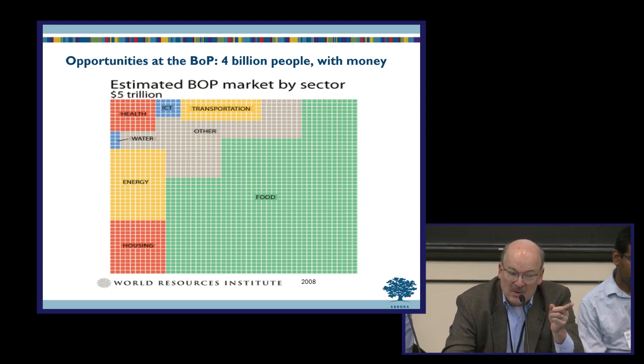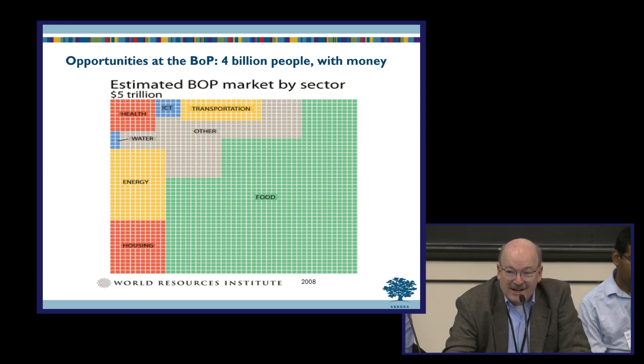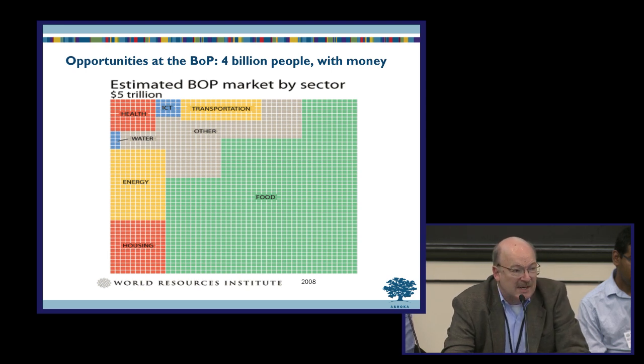The ICT corner there has expanded enormously, although we don't know exactly how much, because the wireless industry said, yeah, they're poor, but they will pay value. If we can go in there with a low-price product, a $20 phone, and inexpensive minutes, prepaid, we can create a market, and they did. And so that one's expanding.